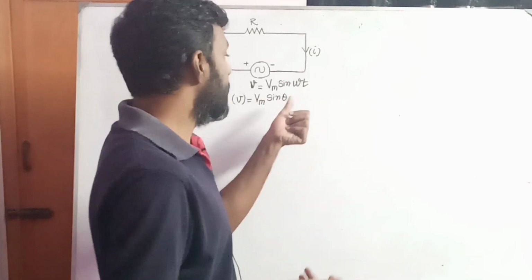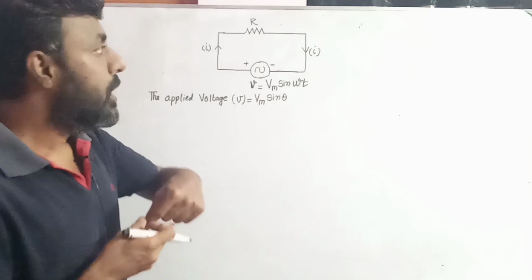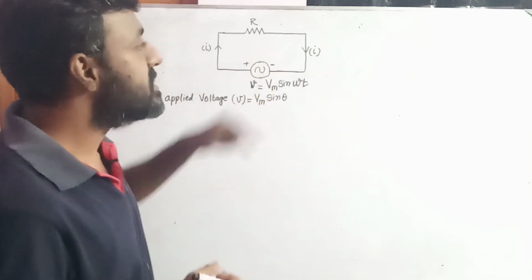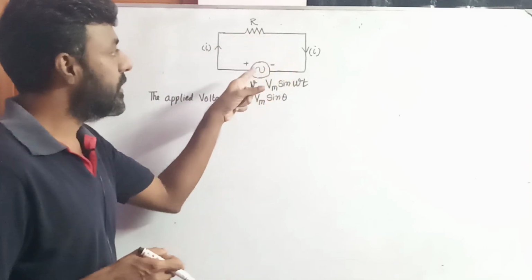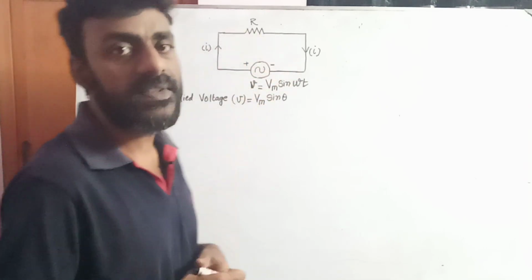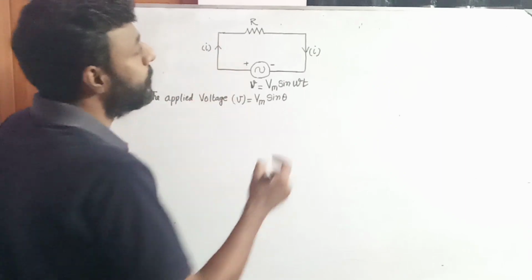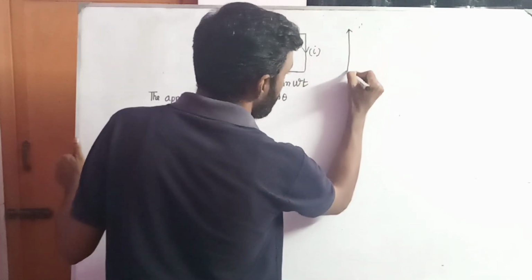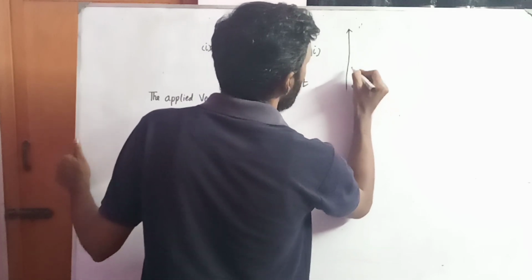Theta is the angle between the current vector and the voltage vector. In this AC circuit, when it is connected across the resistor, the wave diagram will be like this. This is the wave diagram.